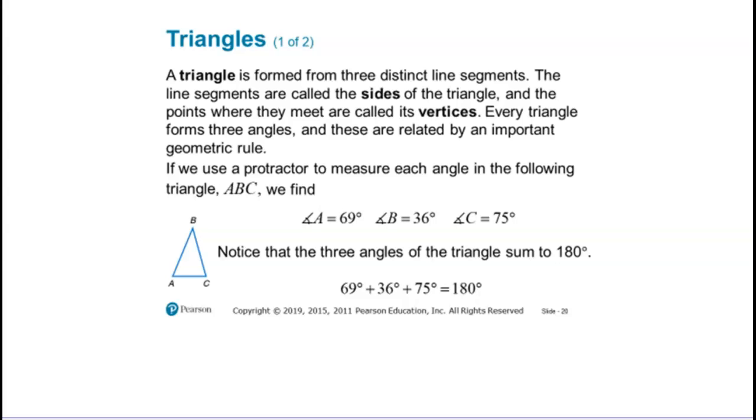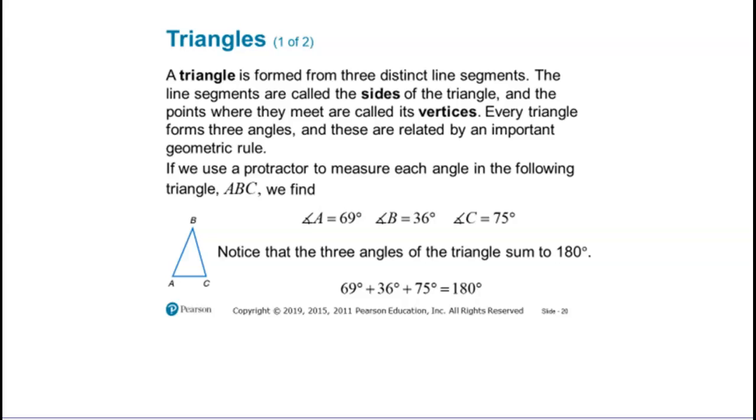So looking at this and then bringing in triangles, we know that a triangle is a polygon with 3 sides, and each place where the sides meet, those are the vertices. And one of the really important things to know and to remember is that the angles in a triangle, no matter how big the triangle is, no matter how small, how flat, how wide it is, always add up to 180 degrees inside the triangle.